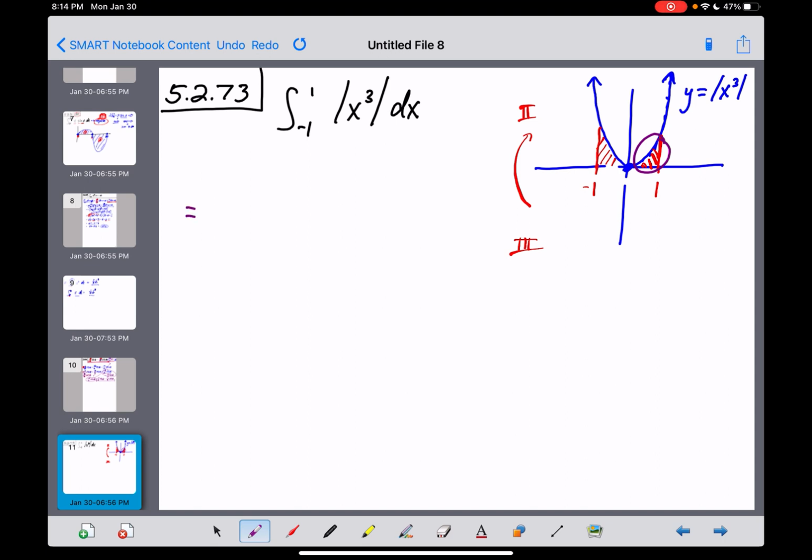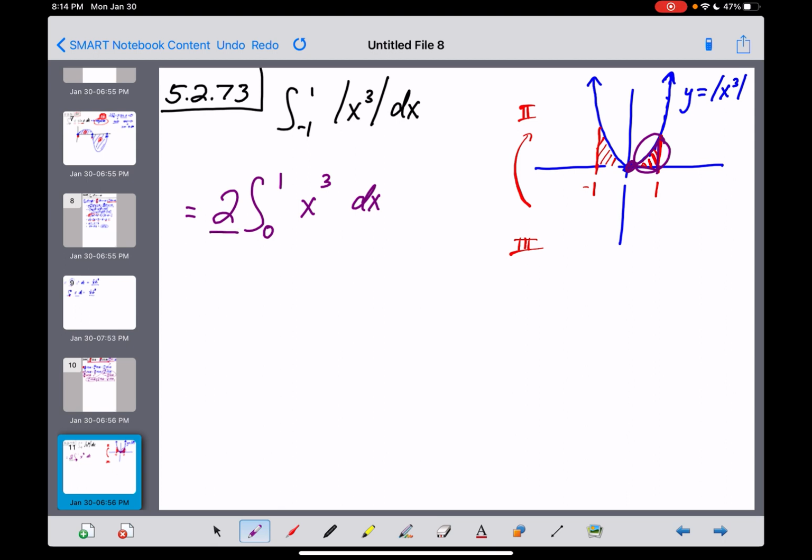So this integral is going to be 2 times the integral of, and let's just think about this region right here. It's an area that starts at 0, right here, ends at 1, right here, and that graph is just the same as x cubed without the absolute value taken with respect to x. So that's how we're going to answer this question. We're just finding the area of half of it and then doubling that result.